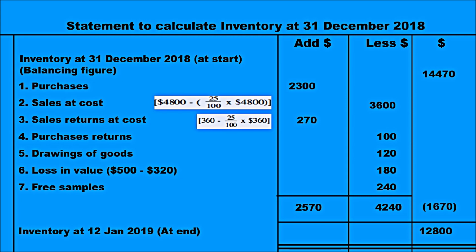This statement shows how to calculate inventory at a certain date, given inventory at a different date. We have to follow the sequence, whether goods come in or goods go out, as well as convert any invoice price into cost price using the concept of markup and margin.